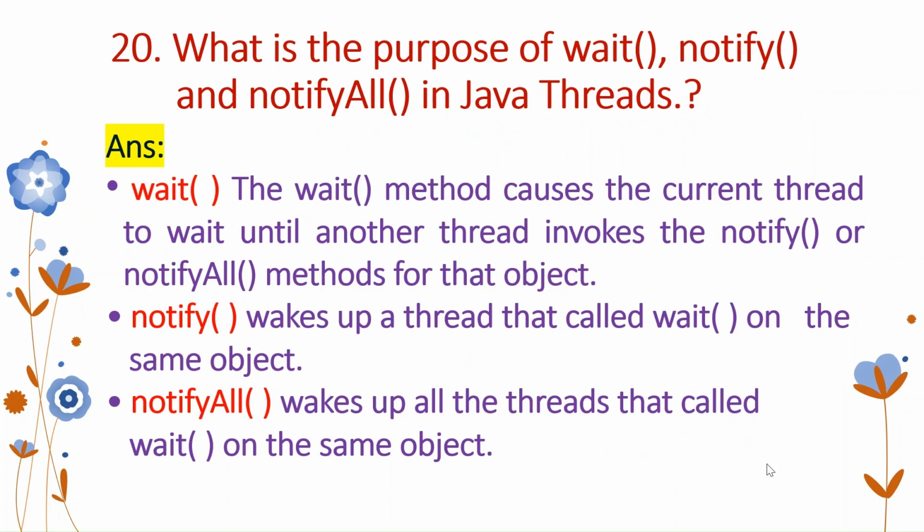So whichever thread was waiting needs to get an activation signal by the notify method, then it can be activated. Notify all method wakes up all the threads that called wait on the same object. So notify method is going to wake up only a single thread. Notify all method wakes up all the threads that call the wait method on the same object.